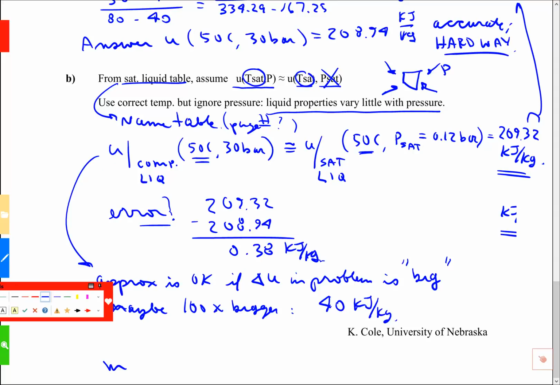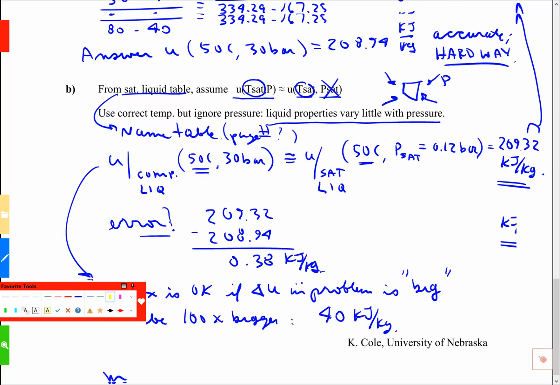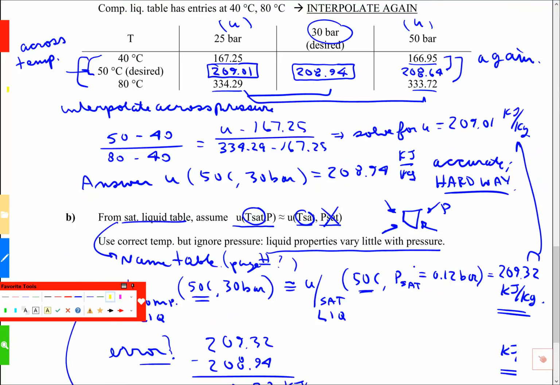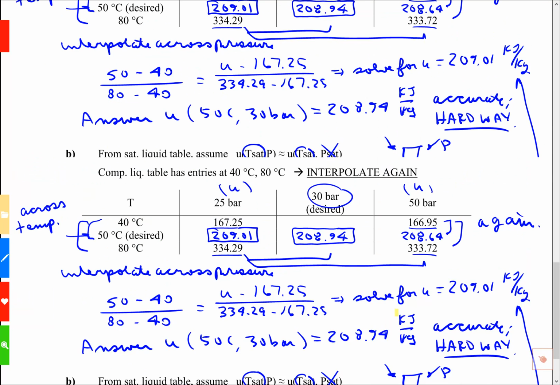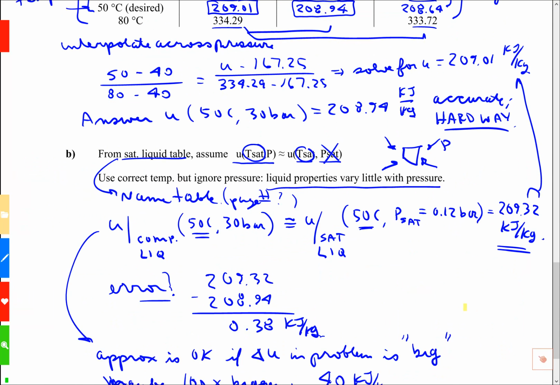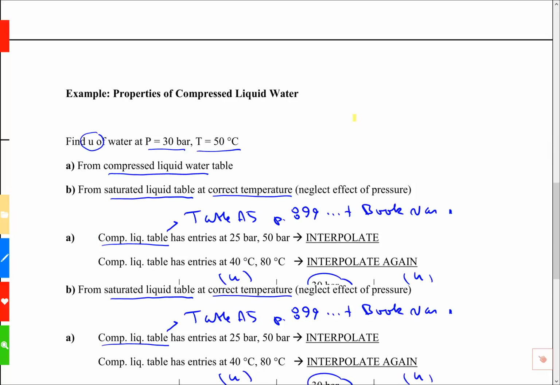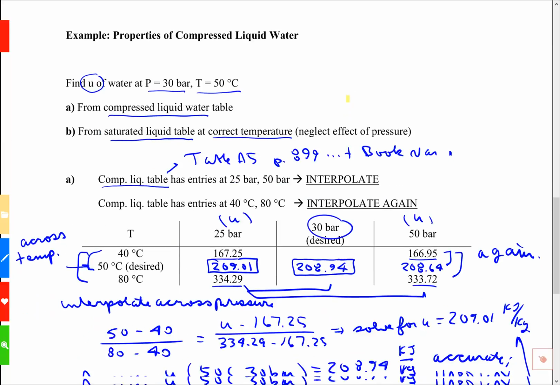All right, let's recap. We're asked to find properties of compressed liquid water at a particular pressure and temperature. The accurate way is to use the compressed liquid table. Please state which table you're using. But that might require interpolating 3 times in the worst case, when the value that you need doesn't line up with the table.